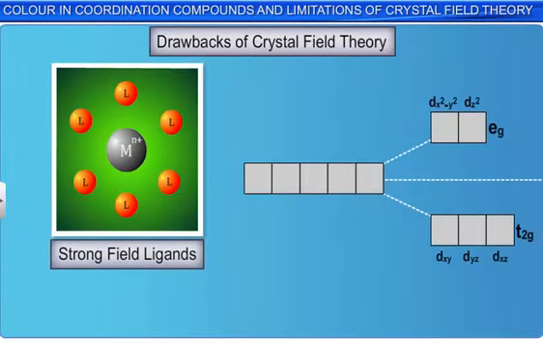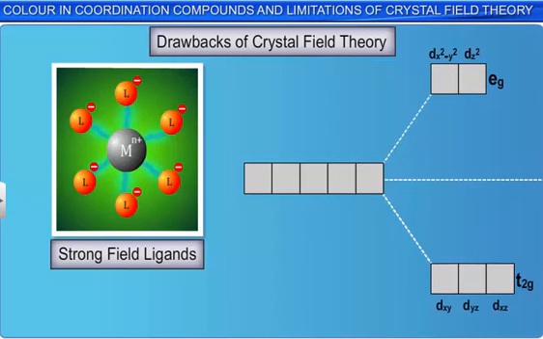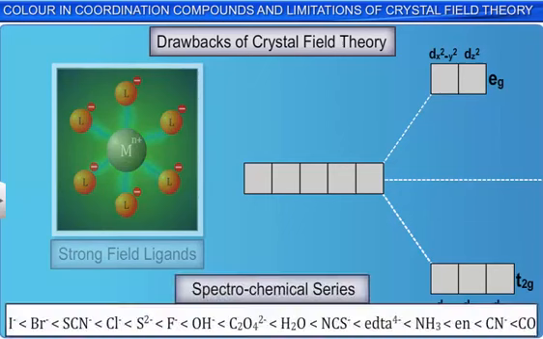If the assumption that anionic ligands are point charges is correct, then anionic ligands should act as strong ligands, and hence should exert the greater splitting effect. However, anionic ligands are actually found at the low end of the spectrochemical series.